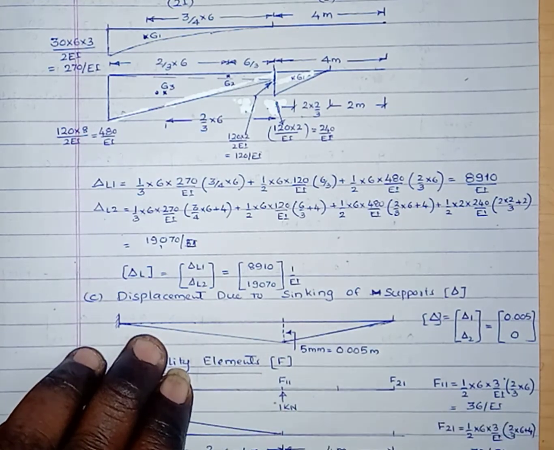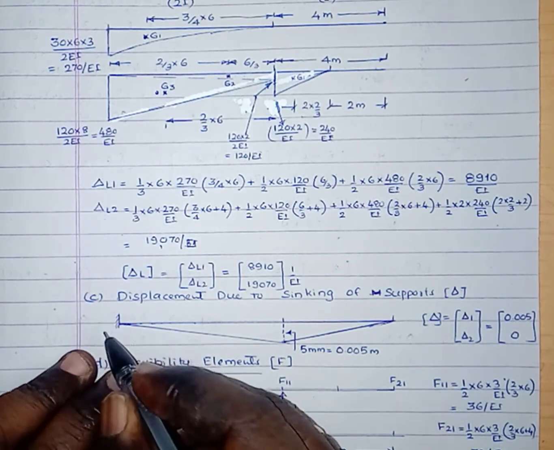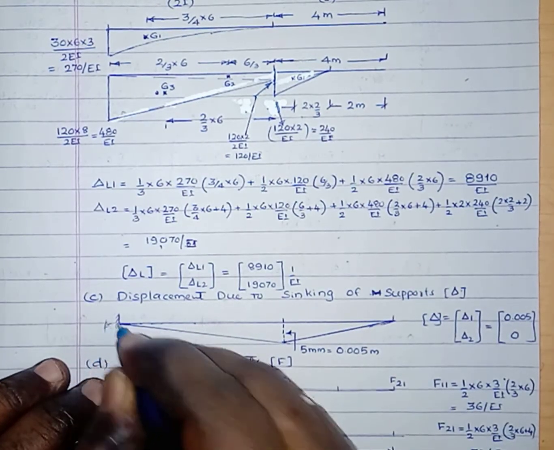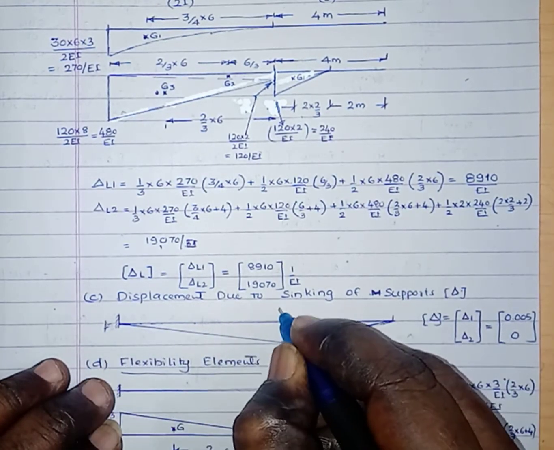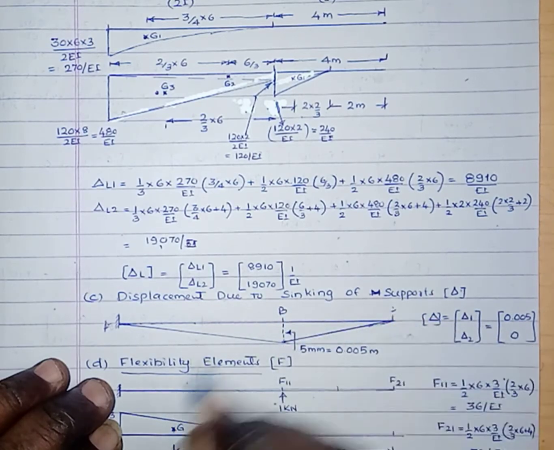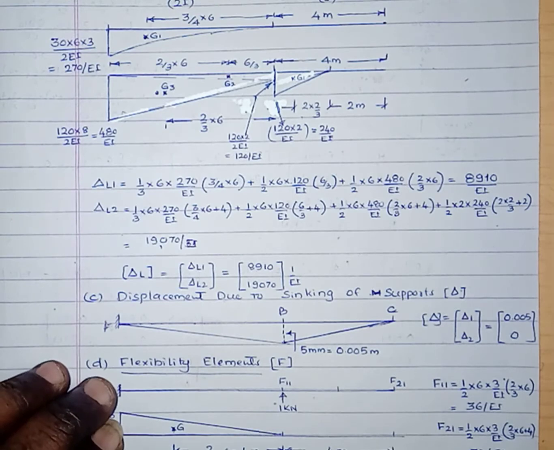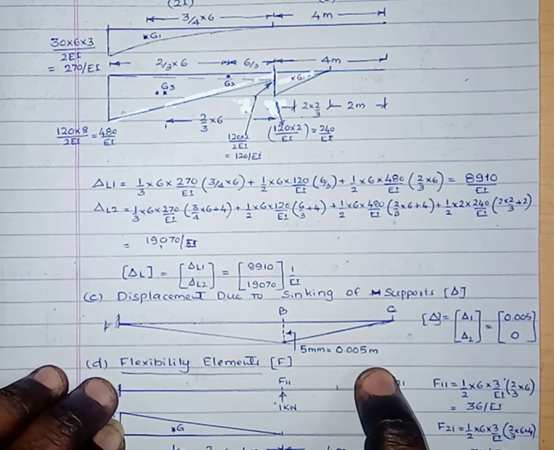Then the support B sinks by an amount of 5 millimeter. Here, with respect to A, this is A, this one is B, this one is C. Here delta A is 0, delta C is 0, but delta B is 0.005.